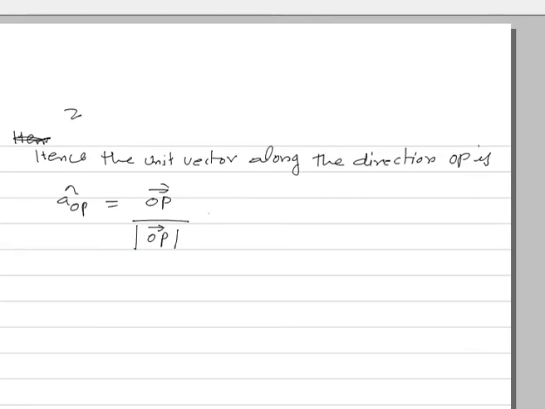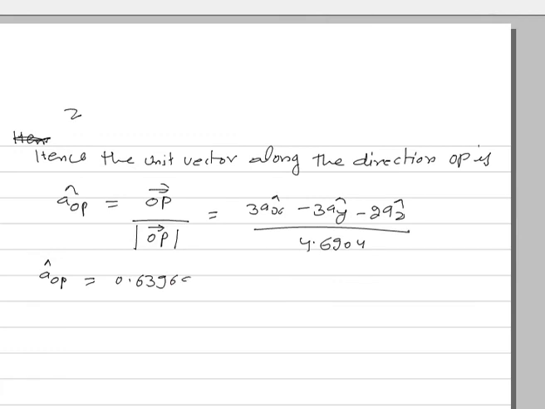So here we put 3 unit vector Ax minus 3 unit vector Ay minus 2 unit vector Az, and divide by its magnitude, 4.6904.